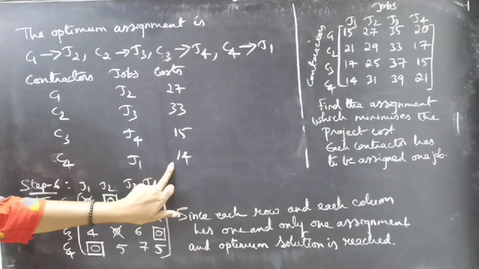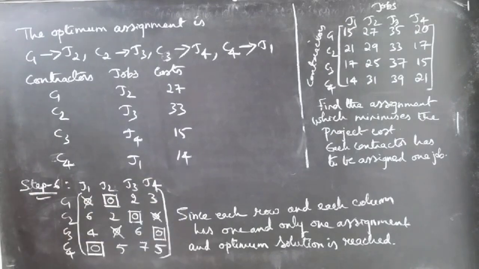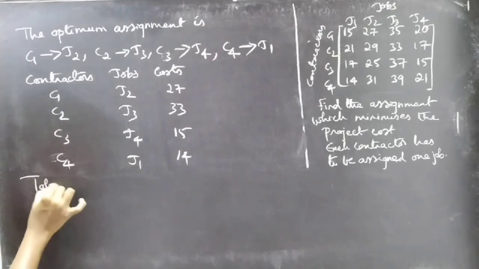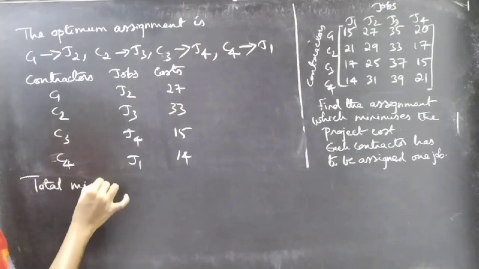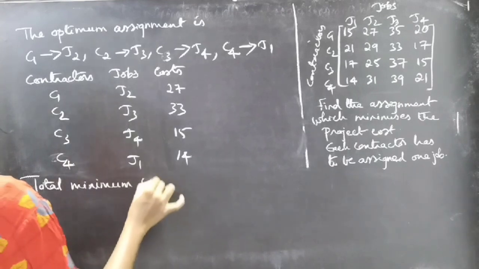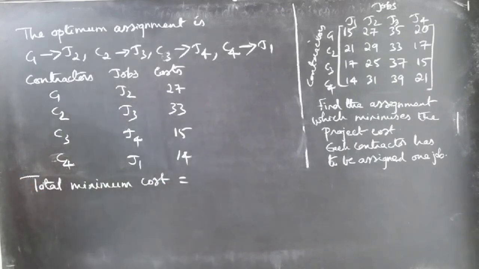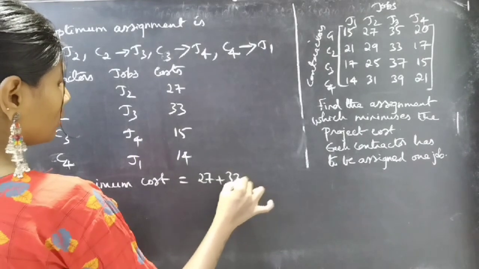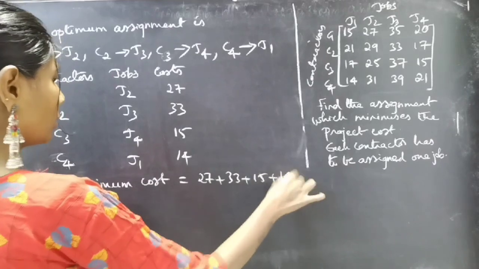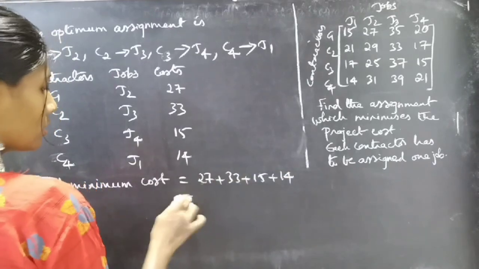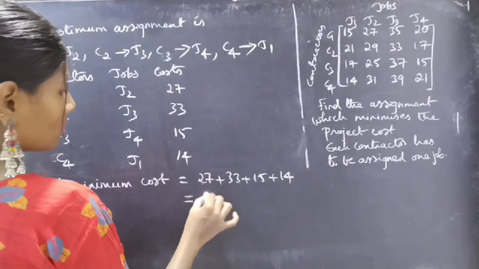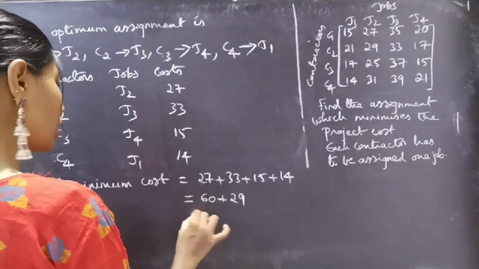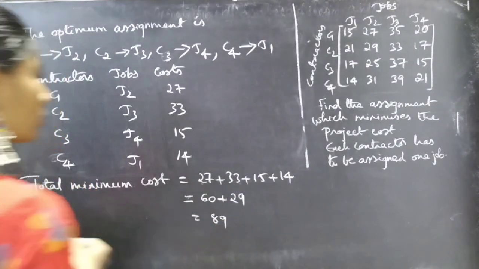So we'll add all these costs to get the total minimum cost. Total minimum cost is equal to 27 plus 33 plus 15 plus 14. 27 plus 33 is 60, 15 plus 14 is 29, which gives 89.